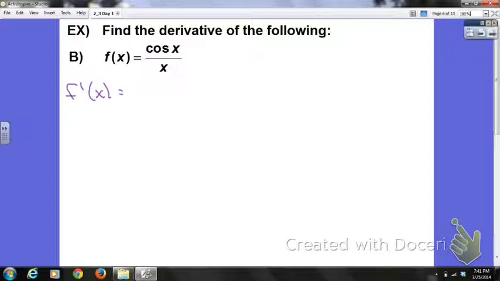So low, x, times d high, the derivative of the numerator, which is negative sine x, less, subtract, high d low, so the numerator times the denominator's derivative, all over denominator squared we go.